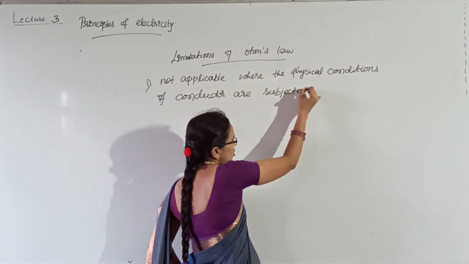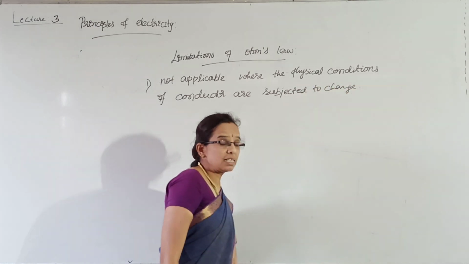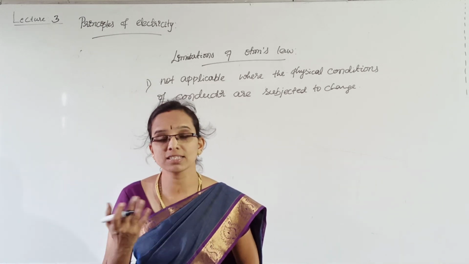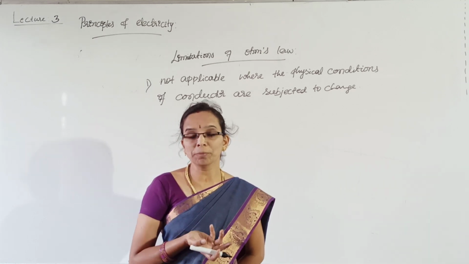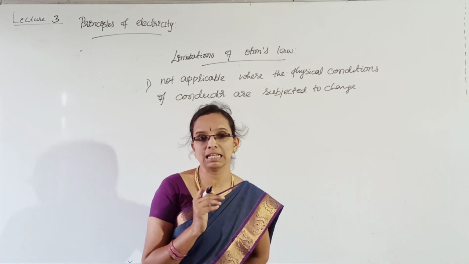That means if you increase the length of the conductor or if you increase the thickness of the conductor, the resistance will vary. So Ohm's law will not be applicable in those cases.